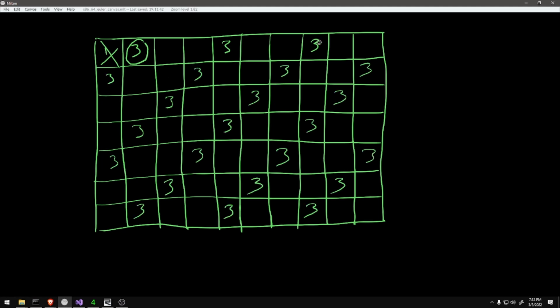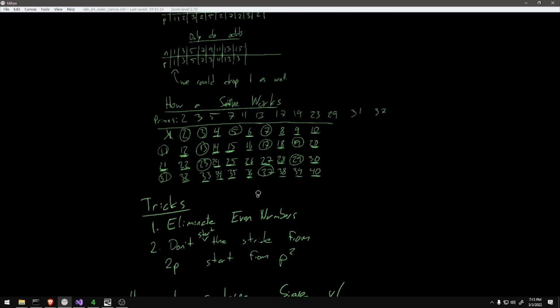So you now know where all the multiples of 3 are in your table. And then all the rest of the empty slots are things that need other primes because they aren't divisible by 3, right? And then you fill in other things with 5 and 7 and so on until you found all the primes and you've marked off every single number in the table with one of its prime divisors. That was the idea of the factorization table.